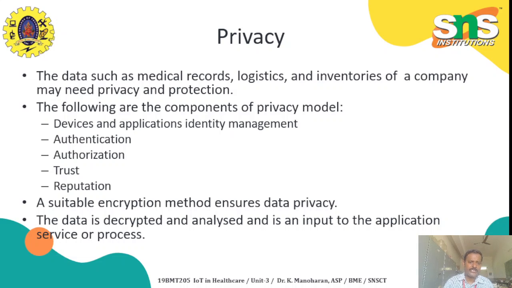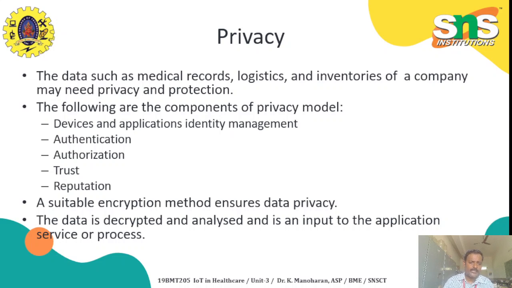Device and application identity and management. Authentication: without authentication it should not allow them to communicate. Authorization: whenever we have a login, authorization should be verified. Trust: we need to establish trust by making privacy perfect. Again, reputation, which also has to be done perfectly.